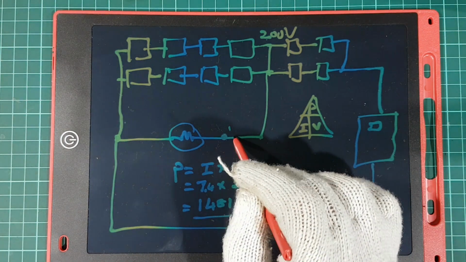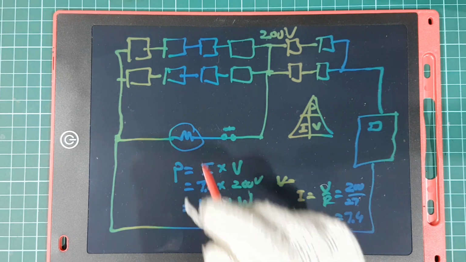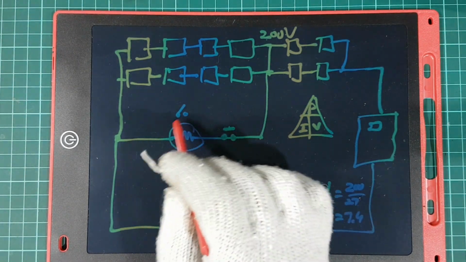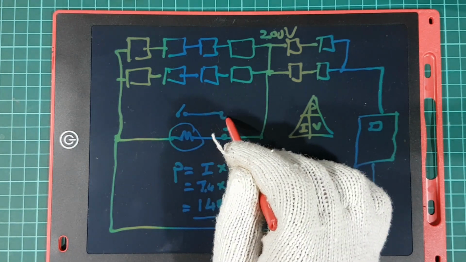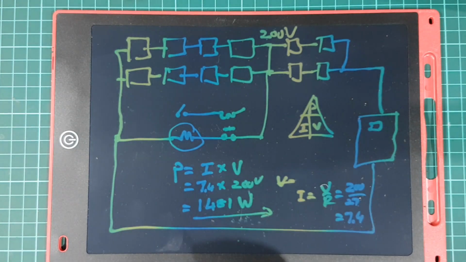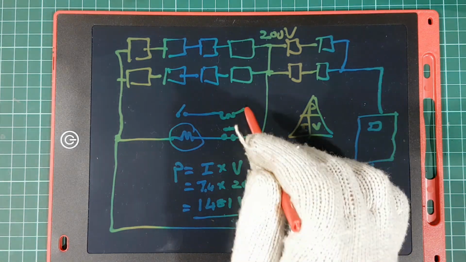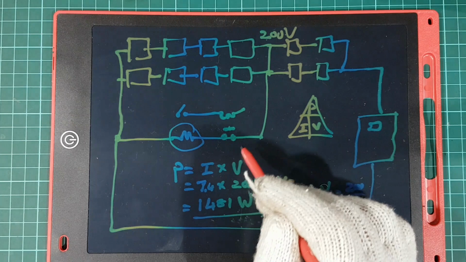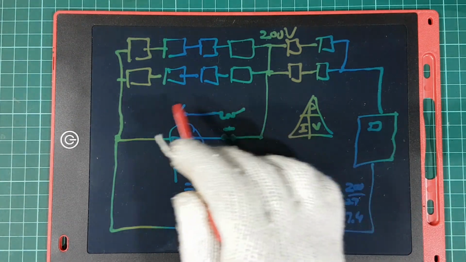What I do have extra, I've got a contactor in line here, and I'm using the thermostat that controls the geyser temperature to switch the contactor on and off. I covered this in detail in the 3rd video, so please have a look at that to know the purpose for this and how to make it work.